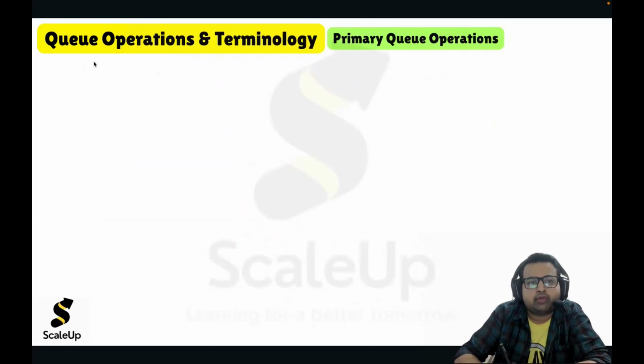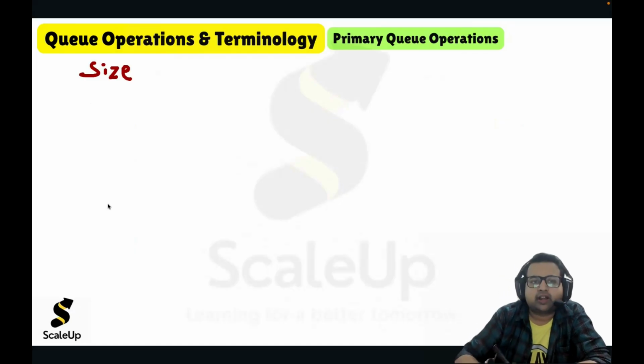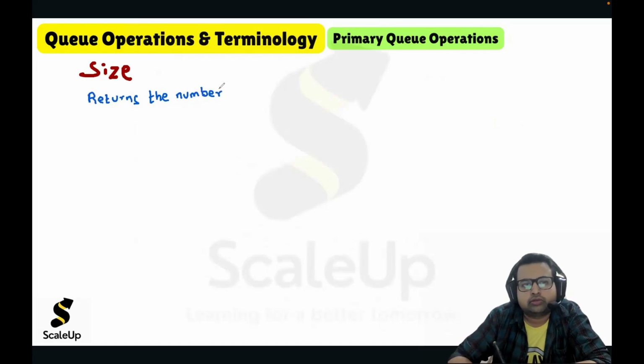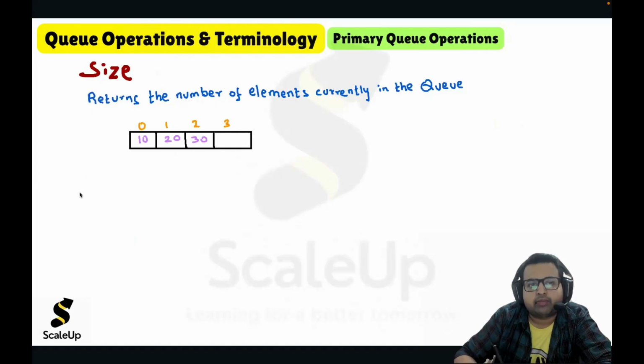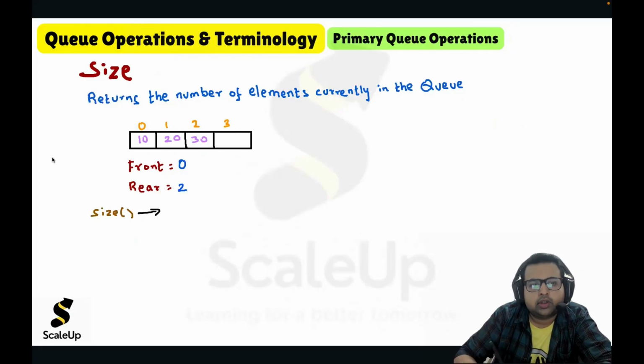Now we look at the size operation. As the name suggests, this operation returns the number of elements currently in the queue. Let us understand it with an example. I have a queue. The front index is 0, the rear index is 2. If I call the size function, it will return the size. And what's the formula for that?